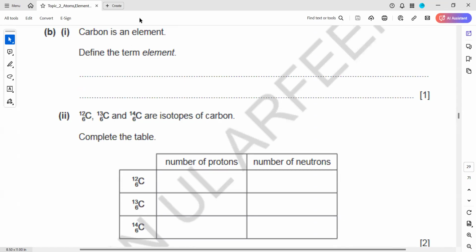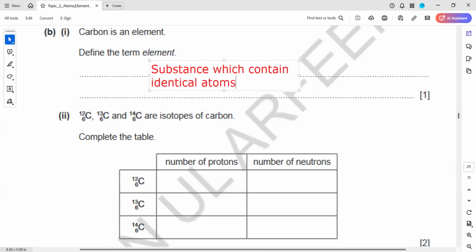Carbon is an element. Define the term element. How do we define the term element? Element is a substance which contains identical atoms, the same type of atoms. The simplest form of matter which contains the same type of atom, we call that an element.